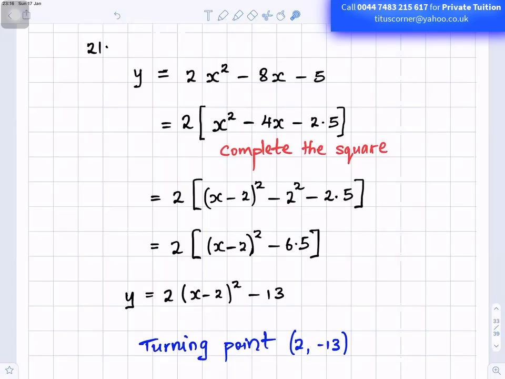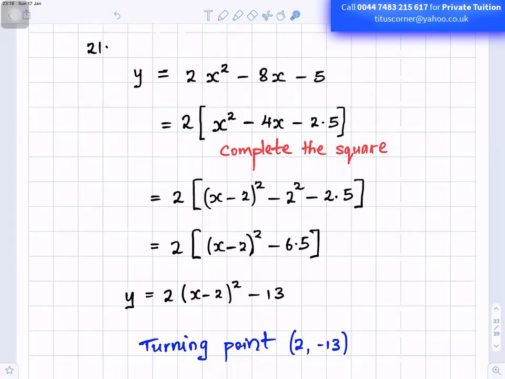So you have 2 bracket x minus 2 squared minus 6.5. Minus 2 squared minus 2.5 is minus 6.5. And if you multiply by the 2, it becomes 2 times x minus 2 all squared minus 13. 2 times 6.5 is 13.